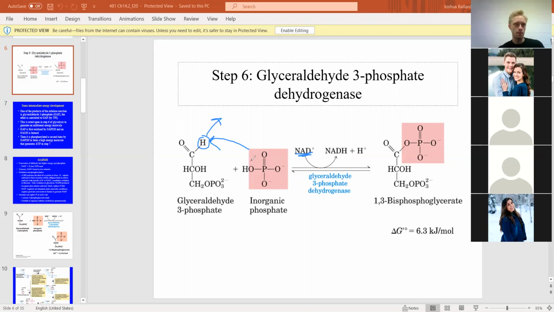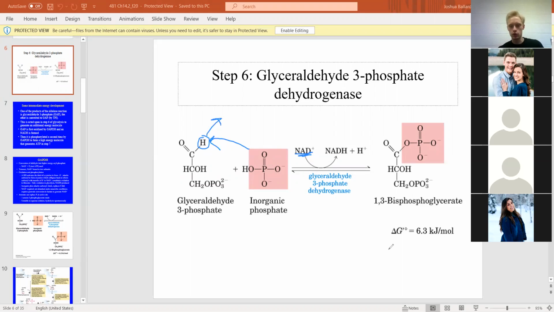Correct me if I'm wrong, but I think it's the only one that involves NAD plus. NAD plus is being reduced, so it's adding electrons. I believe NAD plus helps remove this hydrogen, and then this phosphate group replaces it.